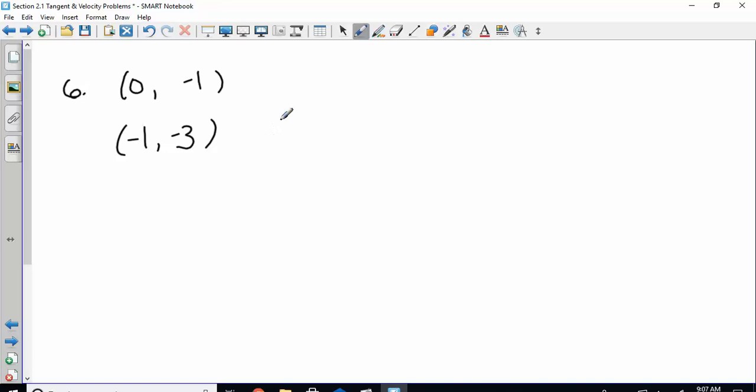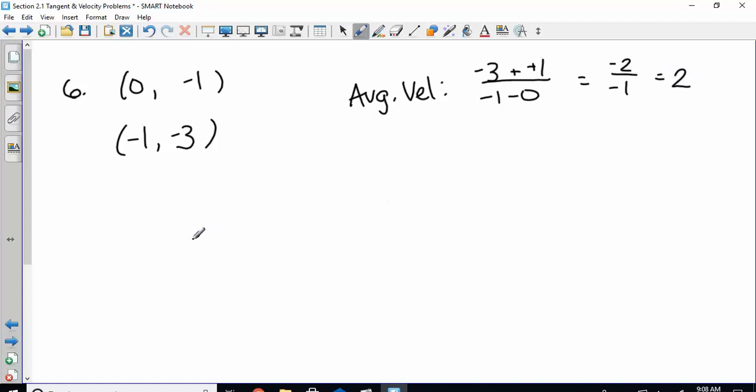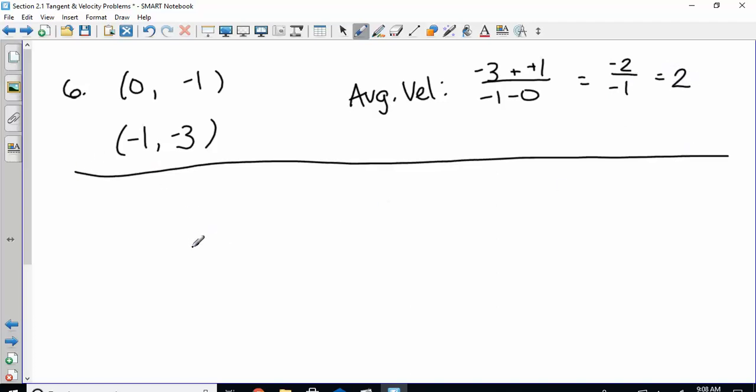Okay. Then it's asking you to do two things. The average velocity. Average velocity is just slope. So you do your y2 minus your y1 over your x2 minus your x1. Then it asks you to do the instantaneous of the left endpoint.